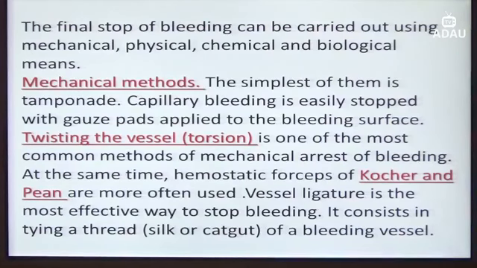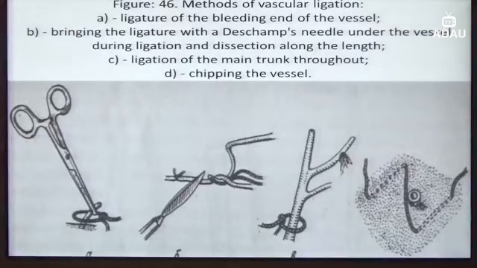I would like to say that vessel ligature is a very simple and easy way because it can quickly stop bleeding. It consists of tying a thread, maybe silk, maybe catgut. Here we can see methods of vascular ligation. The first, ligature of the bleeding vessel, and the second, bringing the ligature with the Deschamps needle, and ligation of the main trunk and clipping the vessel.